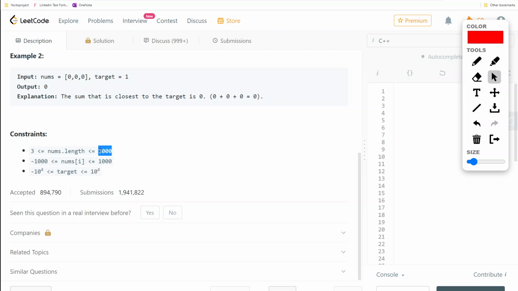That simply means it can go up to 10 raised to power 6 as well; till then it won't give us any TLE, but after that it will. So in that context we can make a solution of n square time complexity. So we conclude that at max the time complexity can go till n square.